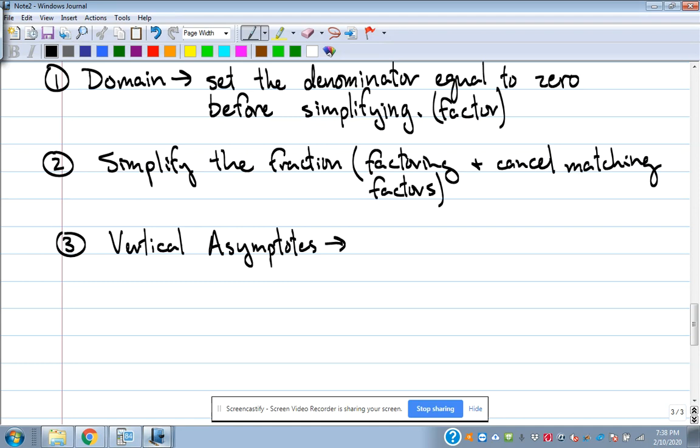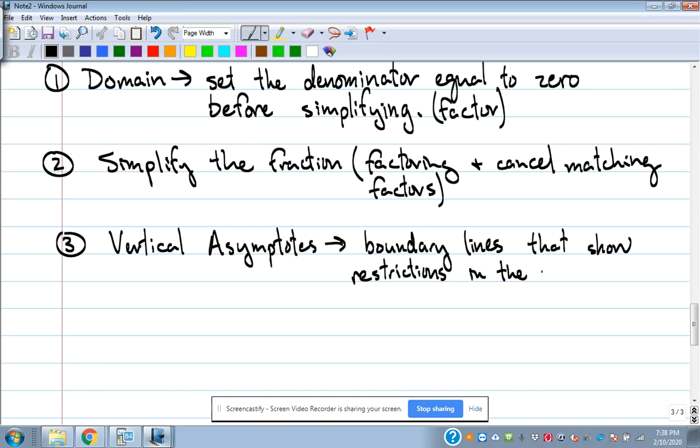Vertical asymptotes are those boundary lines that show restrictions in the domain and range. They shape our graph.